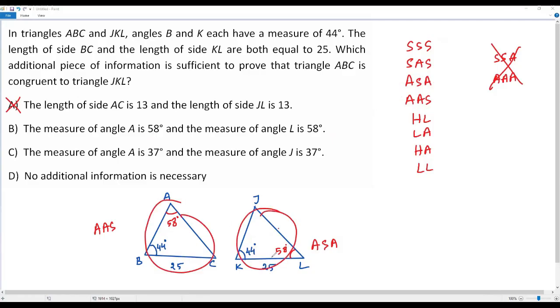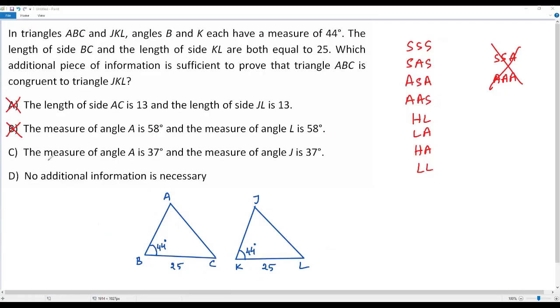If I want to prove these two triangles are congruent, I must have the same postulate or theorem in both triangles. But here we have two different ones. So with the information in answer choice B, I cannot prove that triangles ABC and JKL are congruent. Let's reject answer choice B.